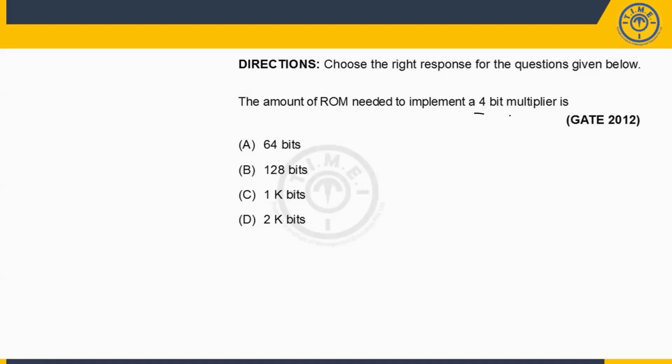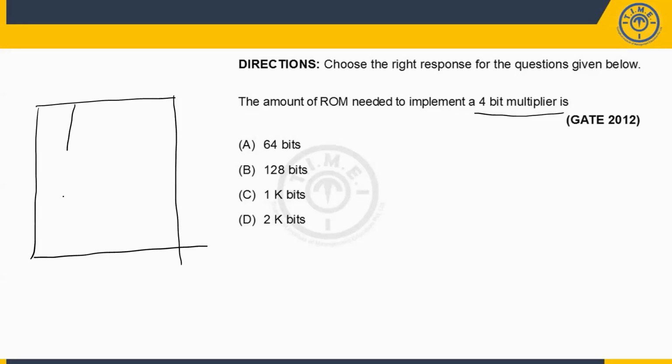implement a 4-bit multiplier. In order to implement a 4-bit multiplier, what we need to do is take a ROM. In the ROM, the first 4 digits will be the multiplicand, the second 4 digits will be the multiplier. And for every 4 into 4, we require 8 digits, right? 1, 2, 3, 4, 5, 6, 7, 8.